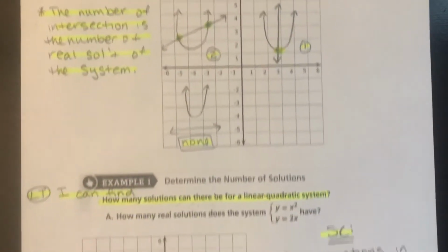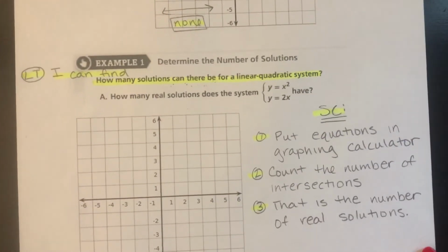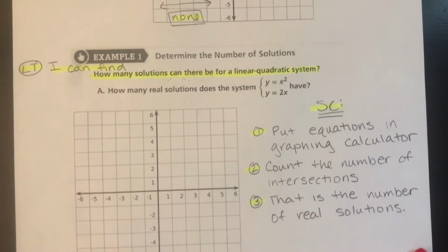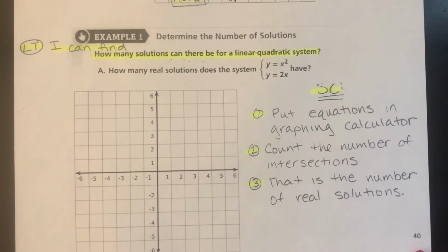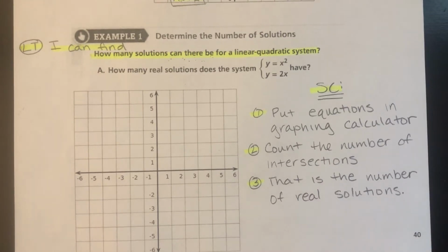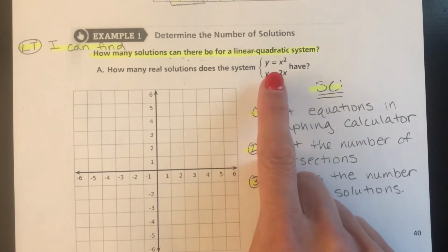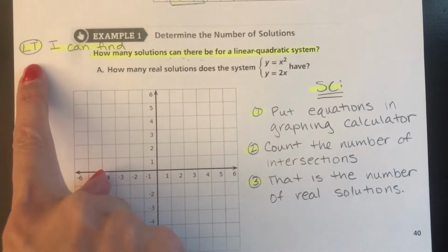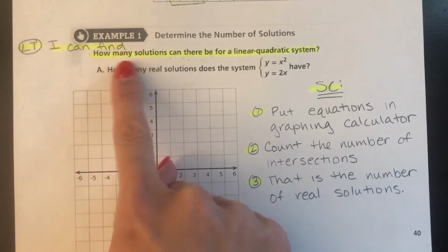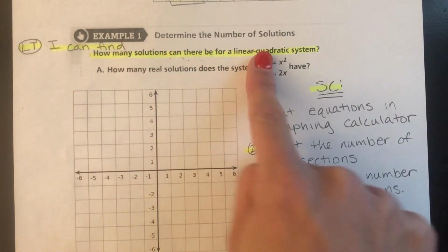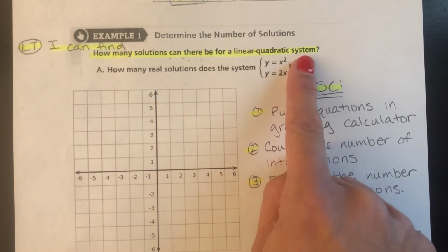Let's go to example 1. Now we're going to find how many real solutions this system will have. The learning target: I can find how many solutions there can be for a linear quadratic system.